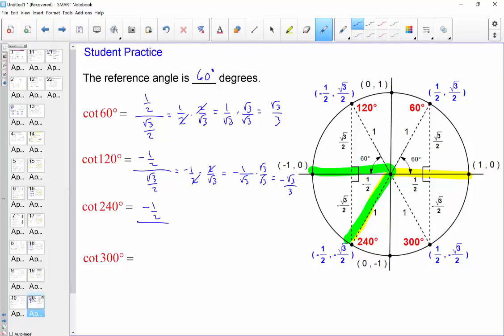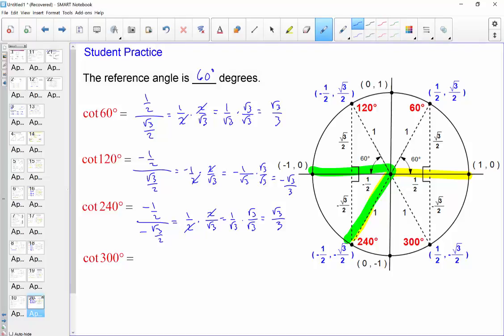The opposite side is negative square root of 3 over 2. So the negatives are going to cancel out, so we'll end up with a positive number. So we have 1/2 times the inverse of the denominator, 2 over the square root of 3. 2's cancel. We're left with 1 over the square root of 3. We're going to rationalize the denominator by multiplying by the square root of 3 over the square root of 3, and we get square root of 3 over 3.